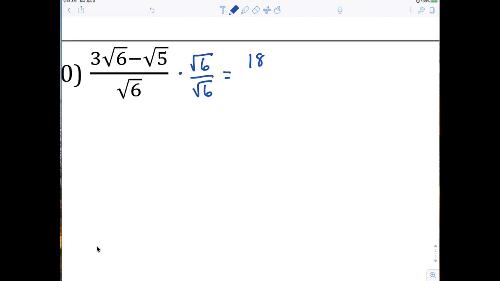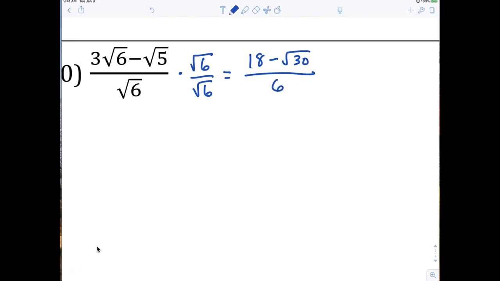No. 18 plus 6. What are we doing? 18. Minus what? Radical 30. Yeah. Wow, how is that hard? Over what? 6. I don't know what you guys are having trouble with now.